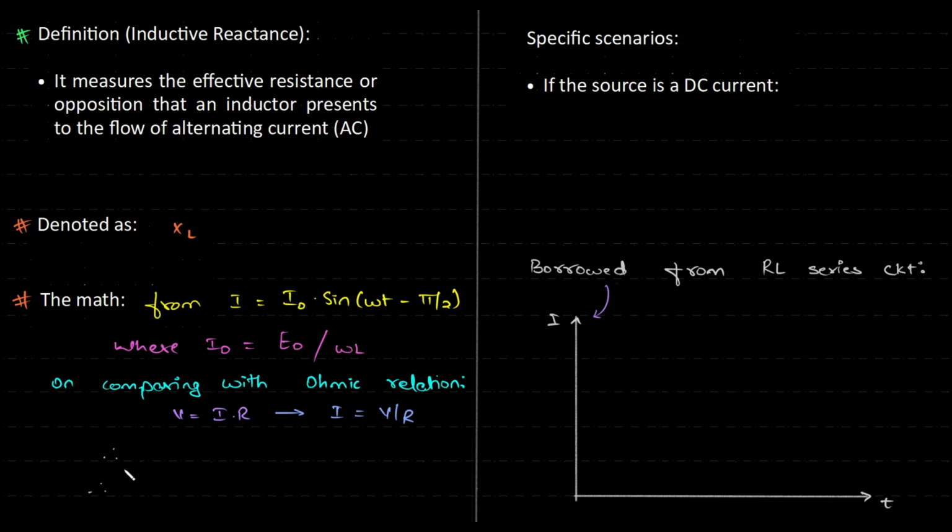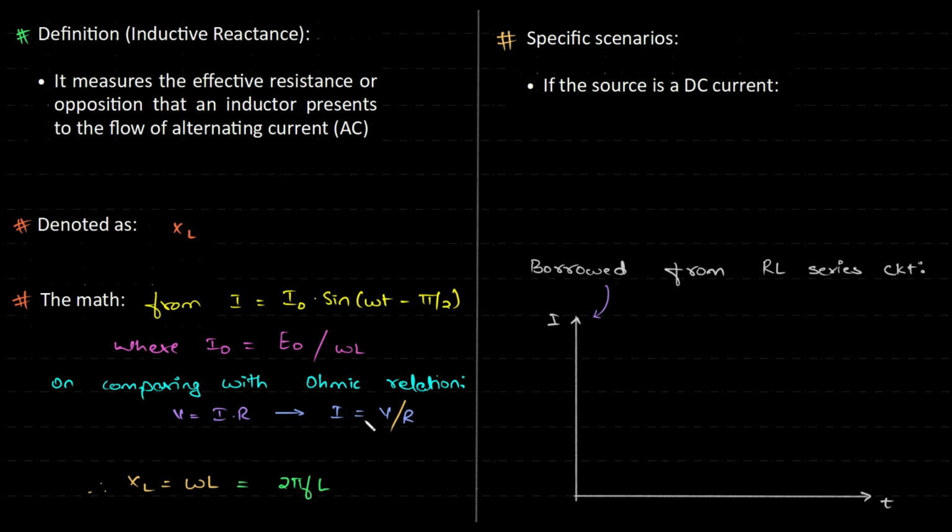Therefore, we write it here: your XL is equal to omega L. Does it make sense? XL is equal to omega L. Okay guys, and by the way, omega can be written as 2 pi f, so XL is 2 pi f L.